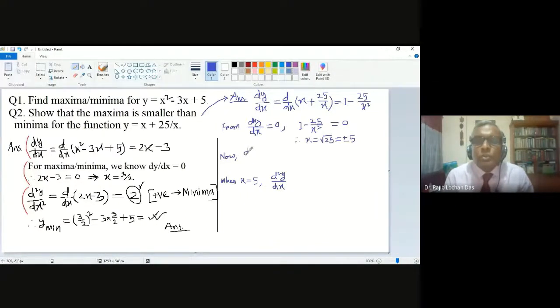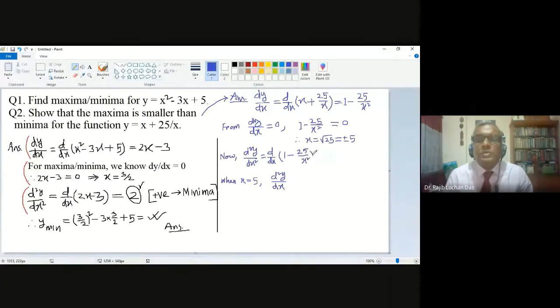The second derivative, d2y/dx2, is the differentiation of the previous answer. What was the previous answer? It was 1 minus 25 by x square. So now you write d/dx of 1 minus 25 by x square and do the differentiation.